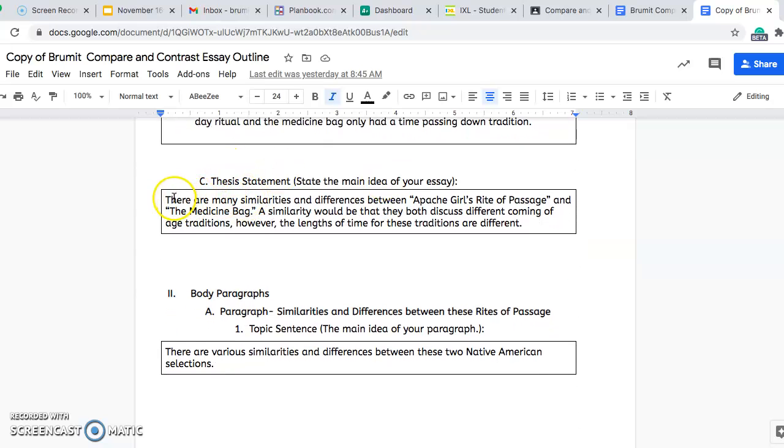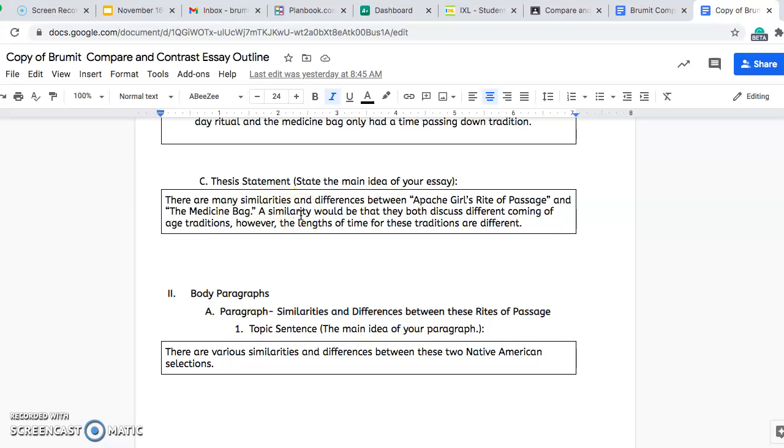For your thesis statement, I have an example, so there can be 2 sentences here. There are many similarities and differences between the Apache Girl's rite of passage and the medicine bag. A similarity would be that they both discuss different rites or different coming of age traditions. However, the lengths of time for these traditions are different.